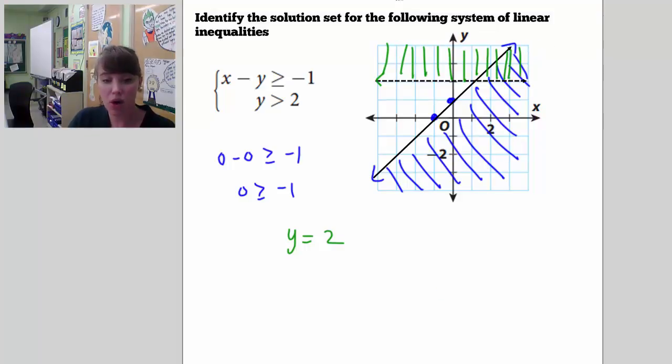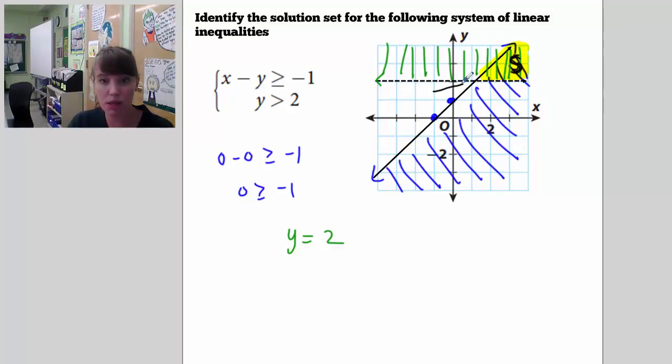Okay, so the only part of the solution set is actually this little region right here. This is the solution set, and if I were to highlight it, I can go ahead and show you right here. Let me put it in yellow. So these are all members of the solution set, including the solid line, but not including the dashed line, and not including the point right here.